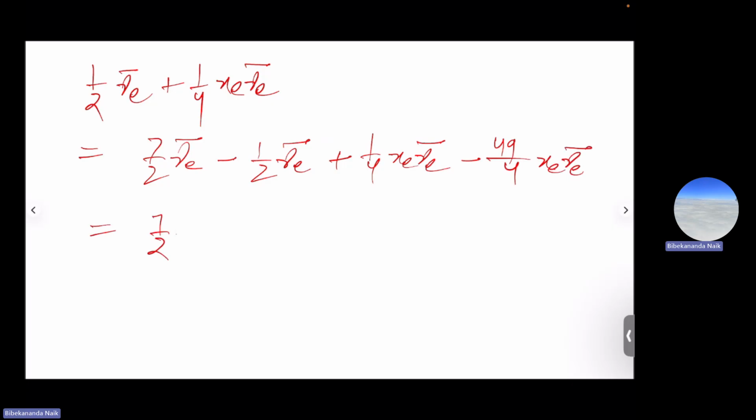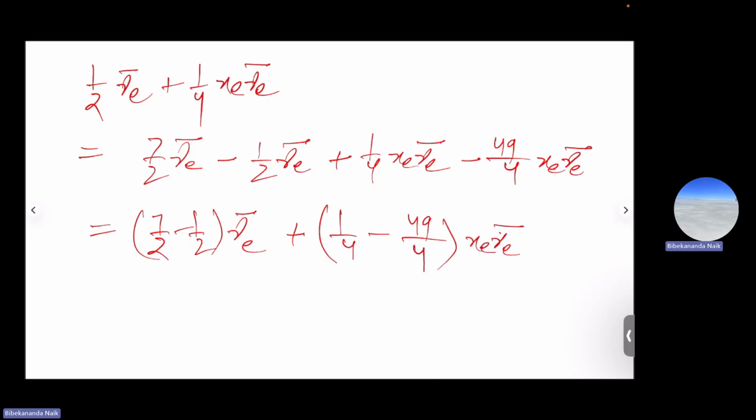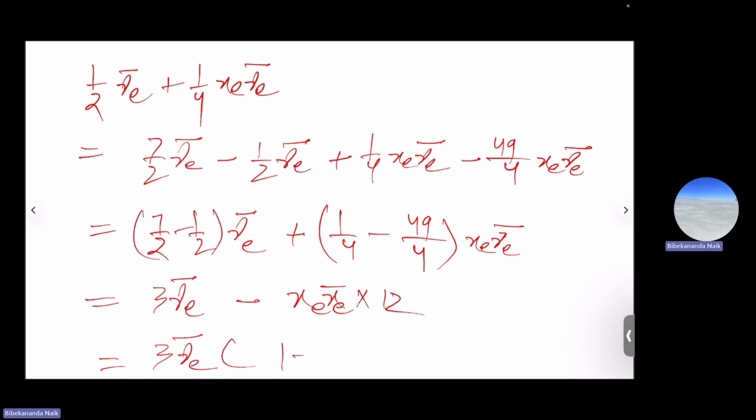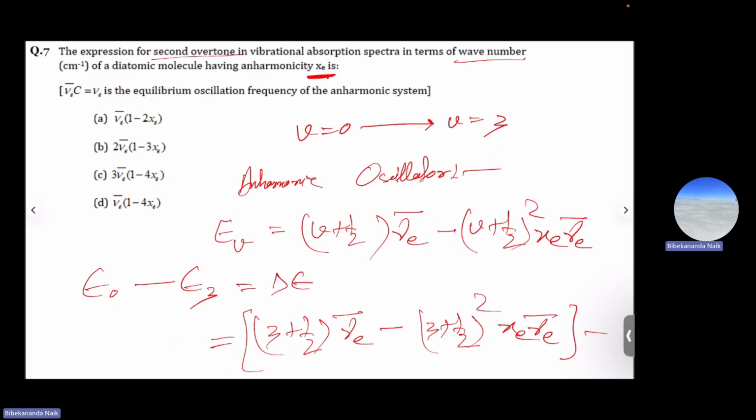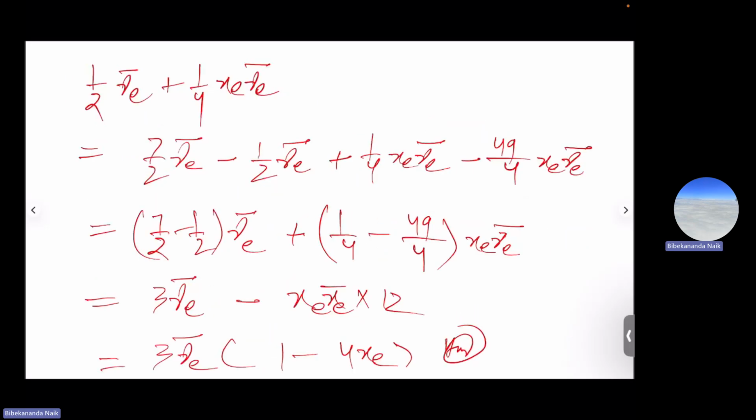So it will be (7 by 2 minus 1 by 2) nu e plus (1 by 4 minus 49 by 4) xe nu e. So it will be 3 nu e minus 12 xe nu e. So if we take 3 nu e bar common, it will be 1 minus 4 xe. So the correct option will be option C, 3 nu e into (1 minus 4 xe).